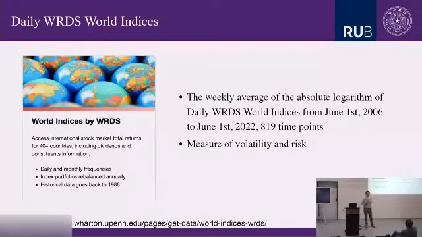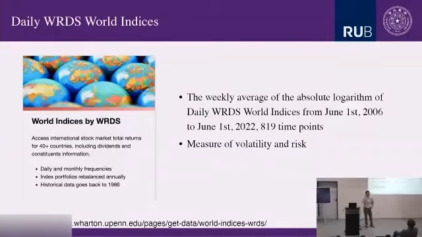We look at the weekly average of the absolute logarithm of the daily world indices from 2006 to 2022. There are in total more than 810 points. Because we take the absolute value of the logarithm, it's a measure of volatility and risk.